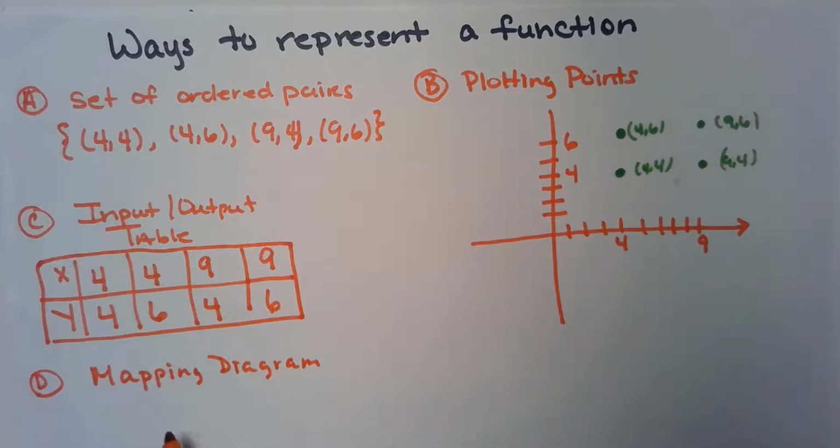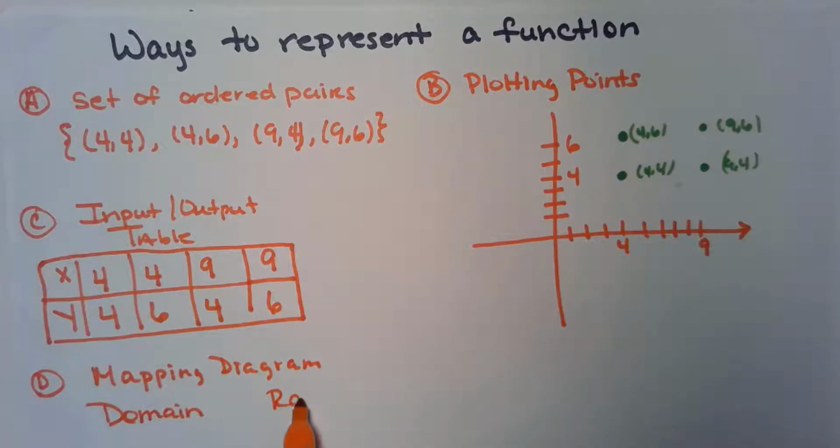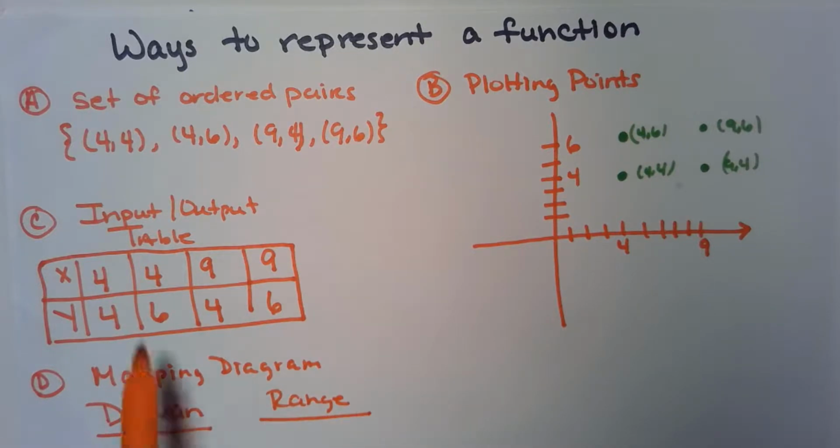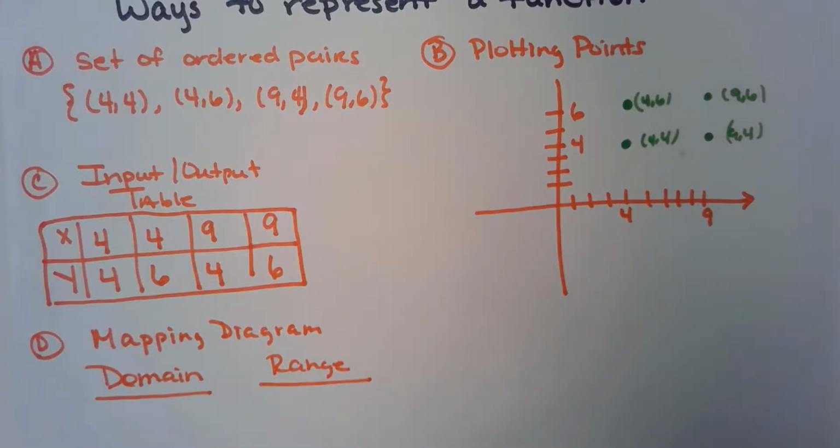It's going to be here again a way of identifying the domain and range from that relation. To identify the domain, if you have a number that repeats more than once, you only need to write it one time.